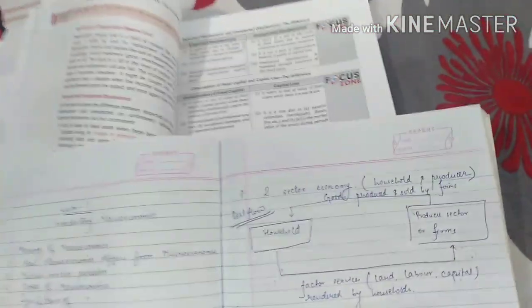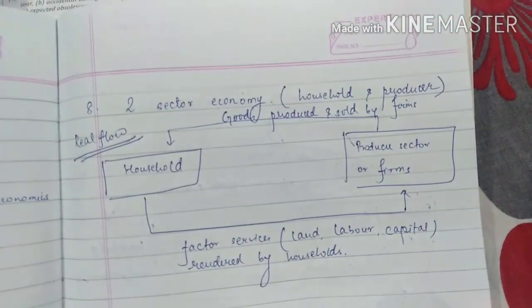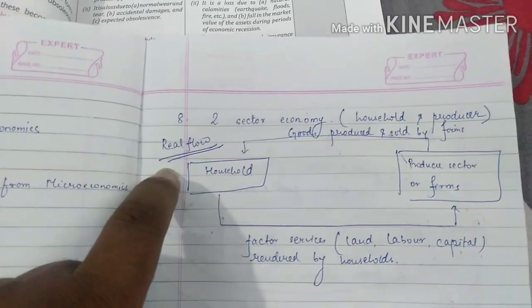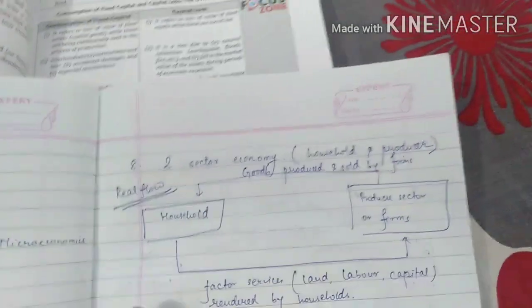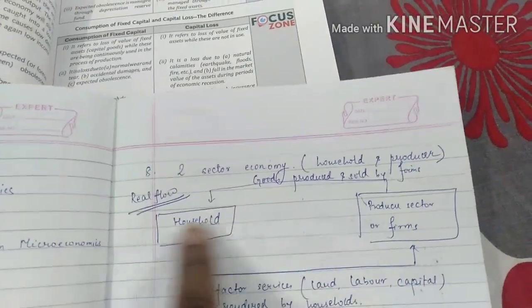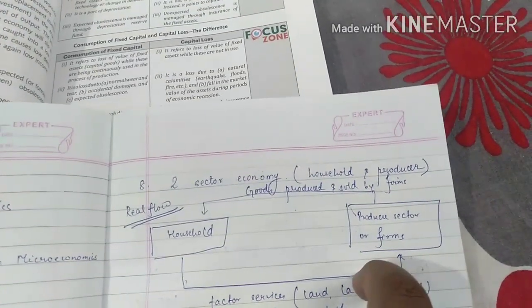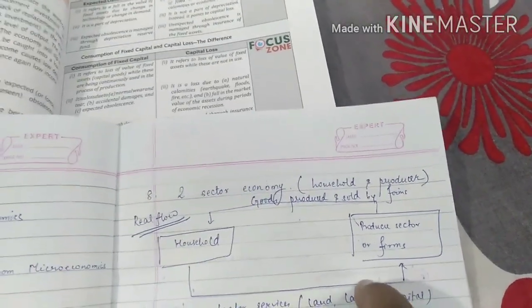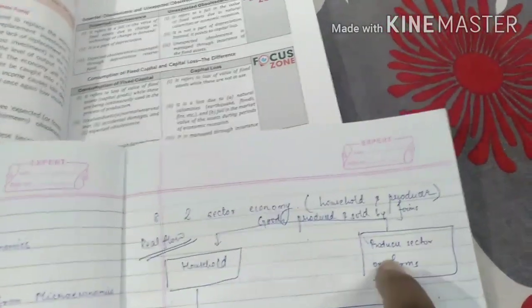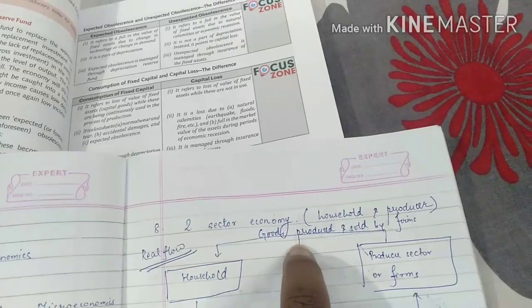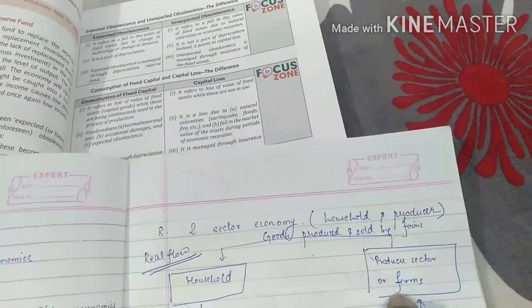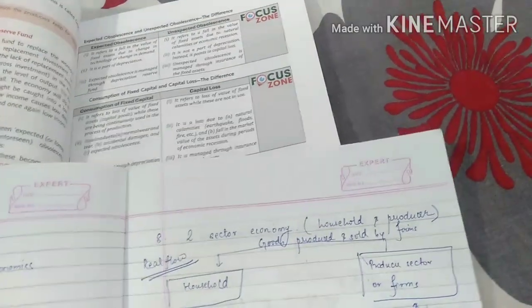Let me explain these terms through some diagrams. You can see over here the term called real flow. In real flow, there are two sectors of the economy. One is household, the other is the producer sector or the firms. What is happening is there is transfer of goods and services. The producer generally produces goods and sells them to the household.